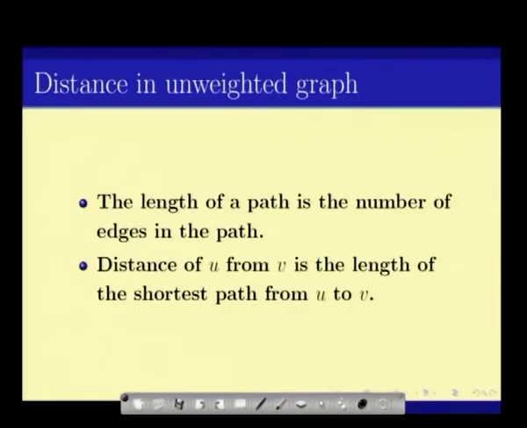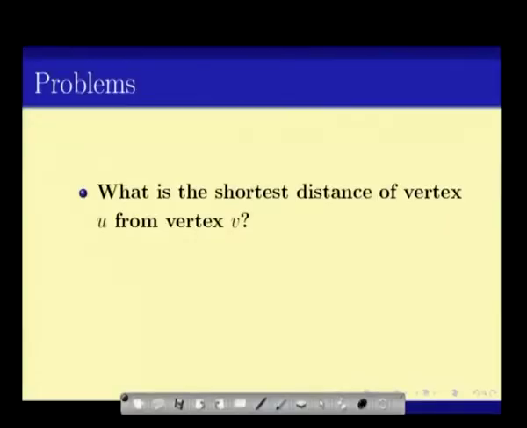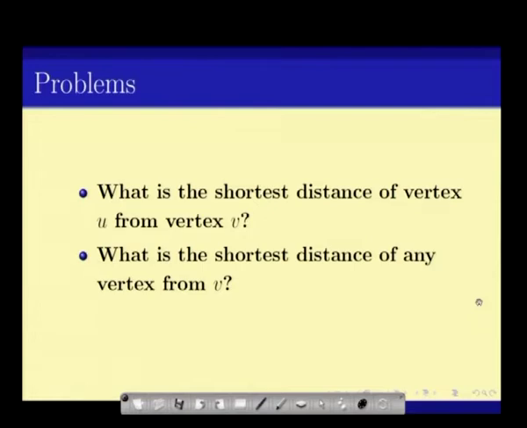One can think of it as a map, in which we have some particular cities or houses, and we have the distance between any two pairs of cities, and we want to find the distance of one city to another city. Of course, the typical problem is to find the shortest distance of one vertex from another vertex, or in other words, the shortest distance of a city from another city.